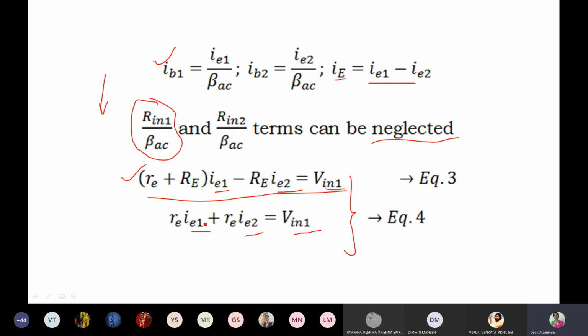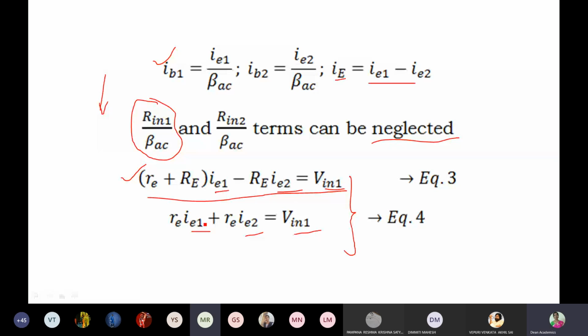So from this, one of you tell me what is delta? Anyhow, I have written it in the next slide, but still I want to check. Small re plus capital RE, small re plus capital RE. Very good. Minus RE, minus RE, excellent. RE, RE, very good. Then that is delta. What is the next matrix?